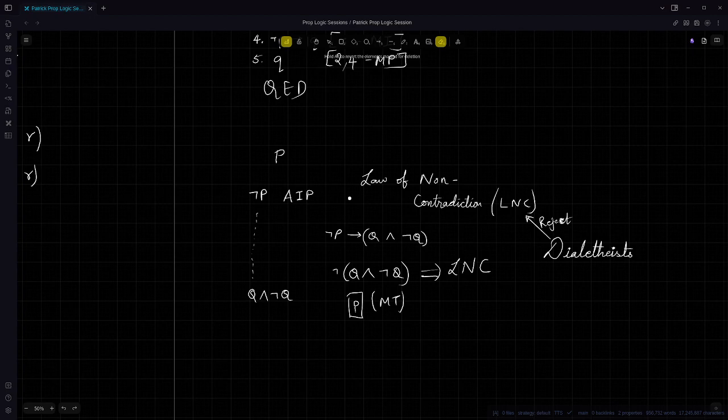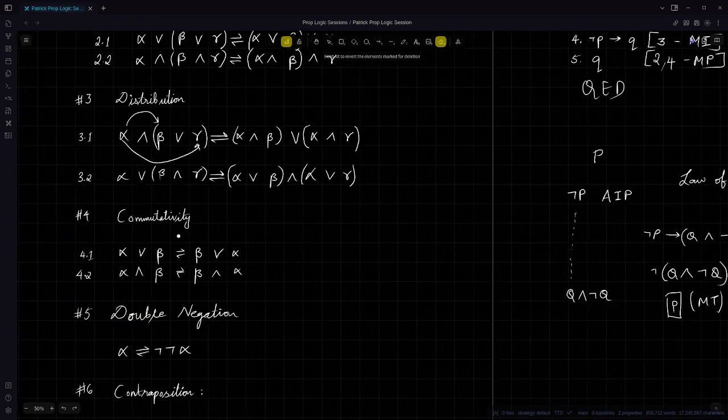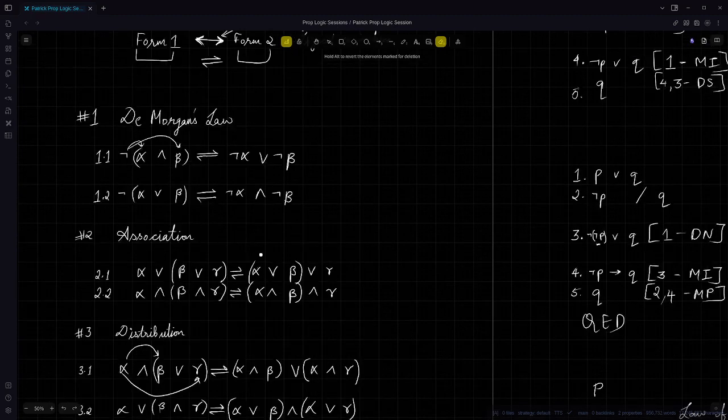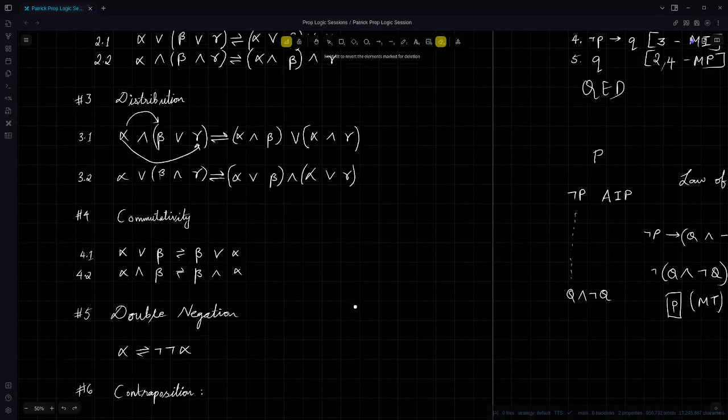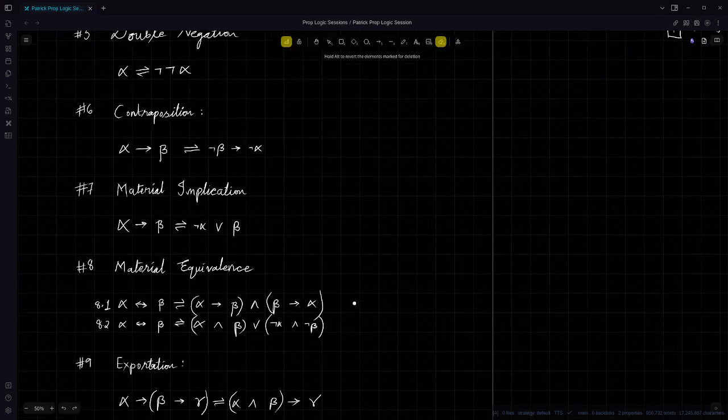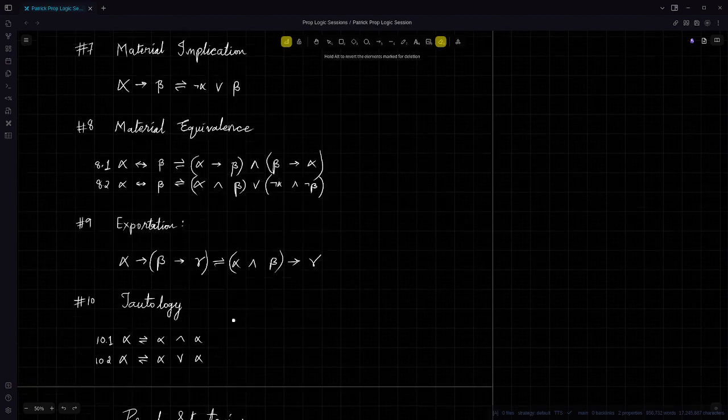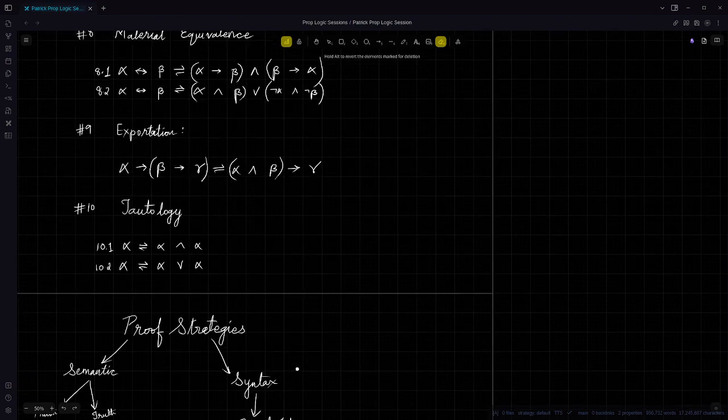At this point, I think we have covered all the rules. Well, not really. We still have the biconditional replacement rules, but this should get you wherever you want. The biconditional rules are just additional rules, but all of these rules should get you wherever you want to go.